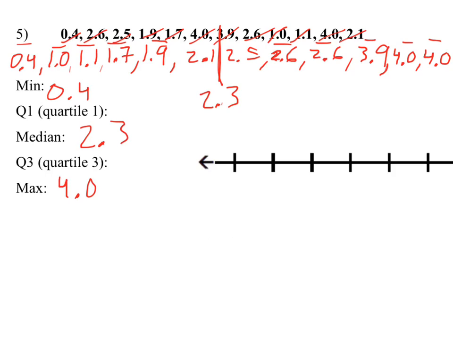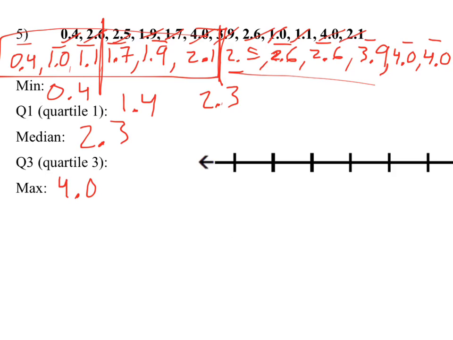And then now I need to get the quartiles, so I'm going to take the left section and get the median of that. Since there are 6 numbers there, it's going to be halfway between these two. And halfway between 1.1 and 1.7, kind of hard to figure out in your head, but if you add them together, it's going to give you 2.8, and if you cut it in half, it's going to give you 1.4. And then over here on the right side, again, we're going to have 2 numbers in the middle, and we need to get halfway between them.